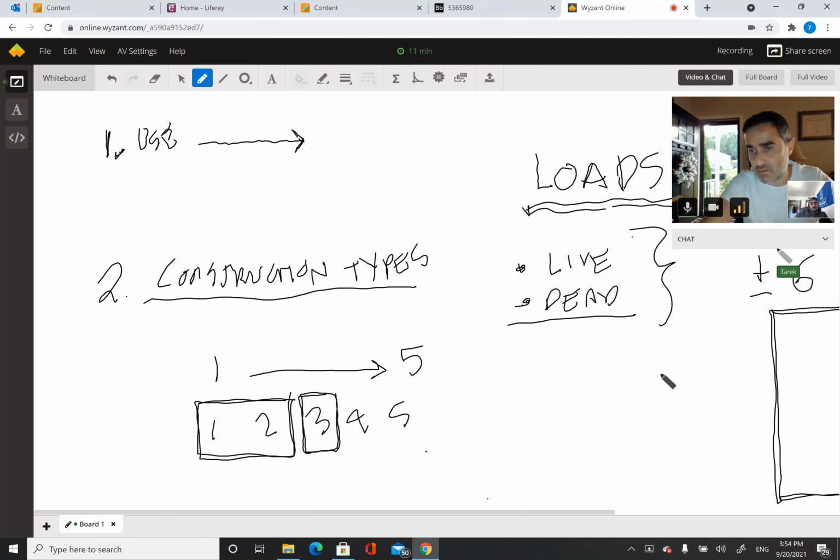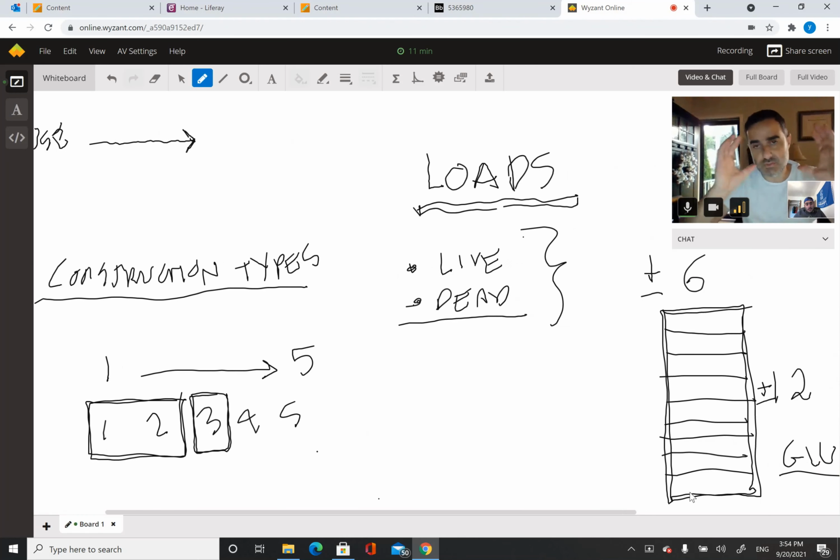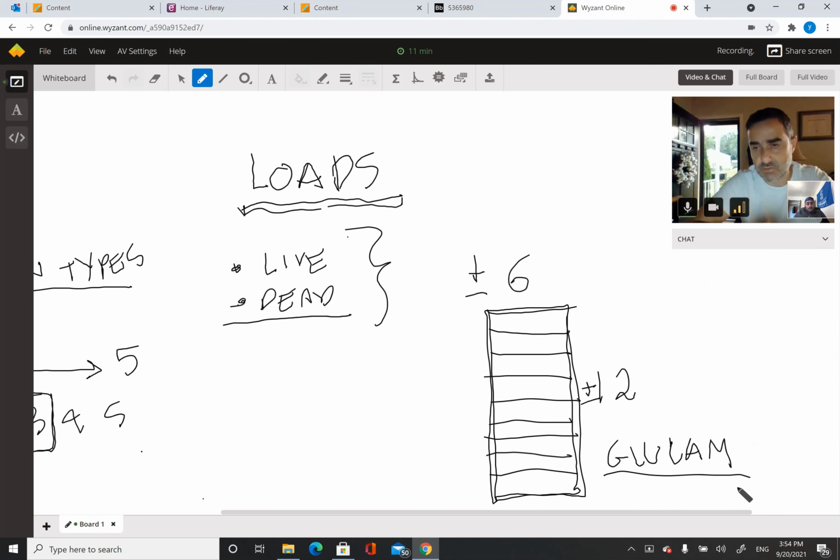You've heard of that term? Glue lam? Have you heard of that? No. So these members are called engineered wood members. And they can also be natural timbers. They're cut out of the trees and they're really large. And they have a unique way of burning, and we're not going to get into that too much.